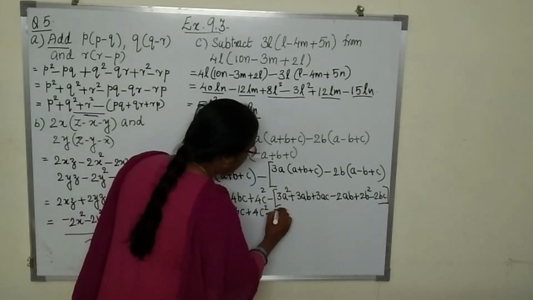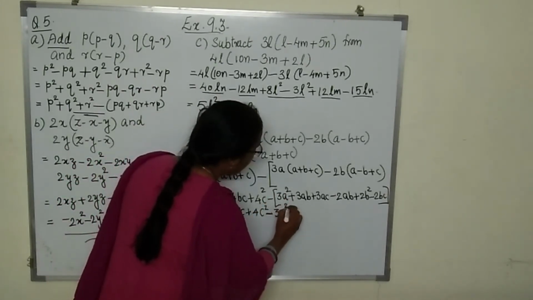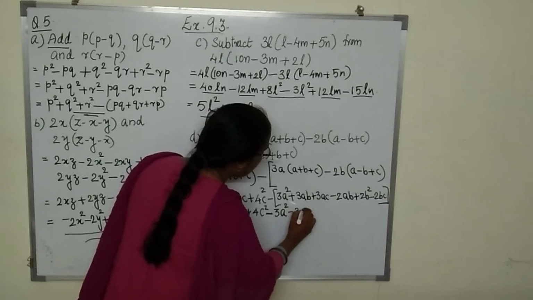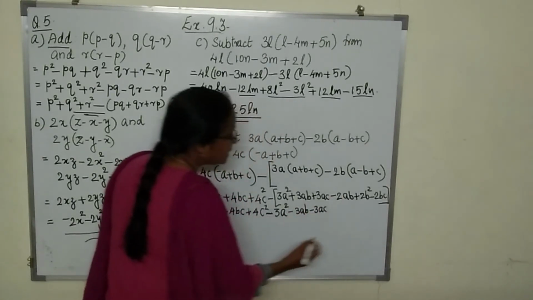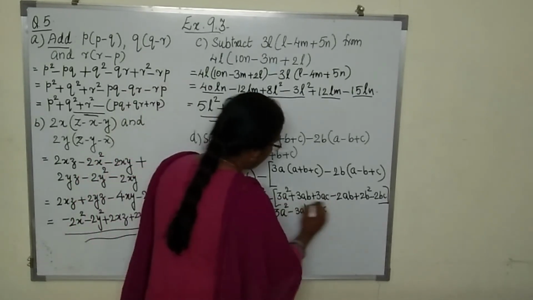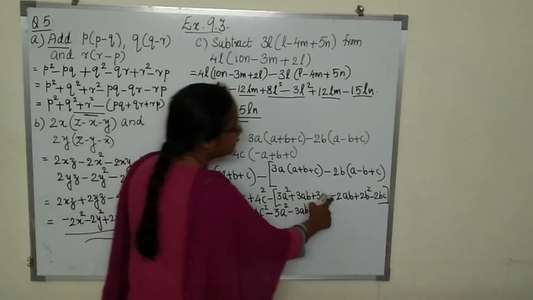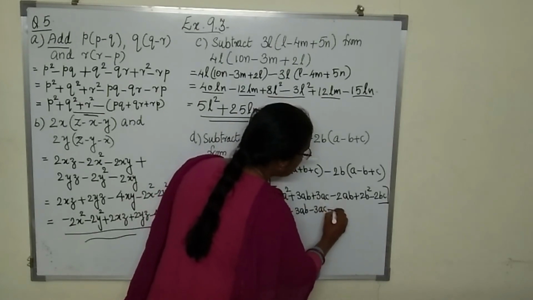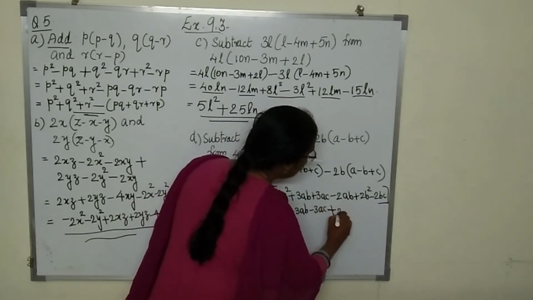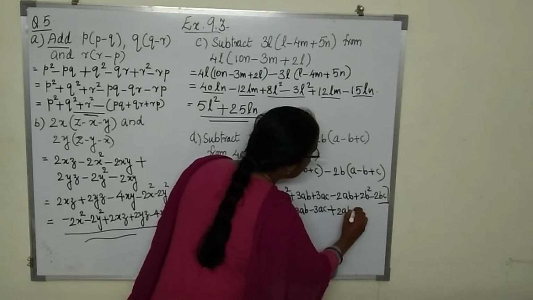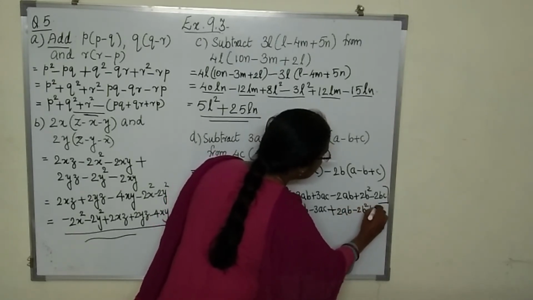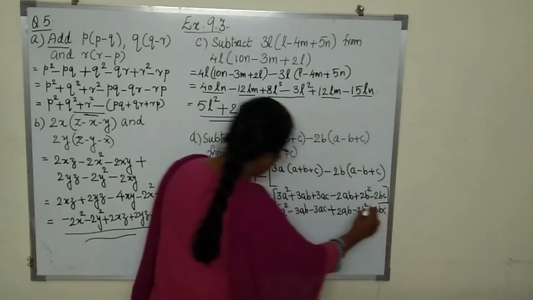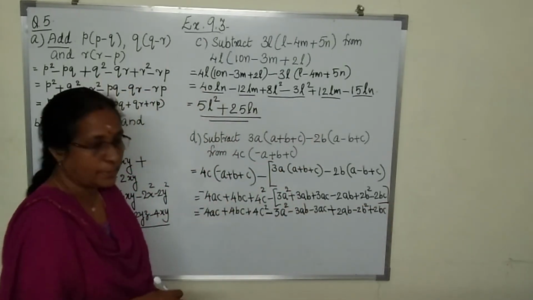So 3a square will become minus 3a square, minus 3ab, minus 3ac. Minus will become plus, because here there is a minus and here there is a minus, so minus into minus, plus 2ab minus 2b square and plus 2bc. Now all the brackets are opened.